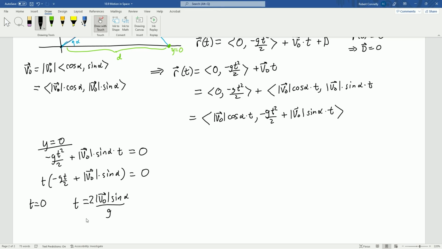Now, what we're trying to maximize isn't the y value. We're trying to maximize the x value. This d is the maximum value of x, so we want to plug this time into x.